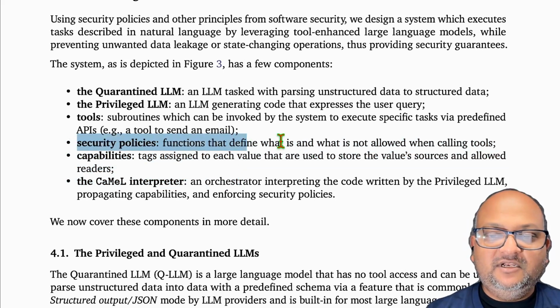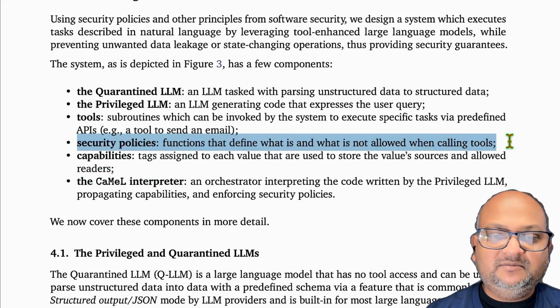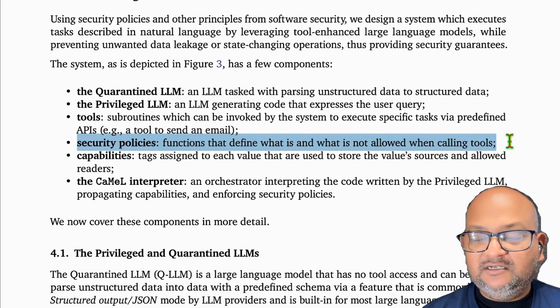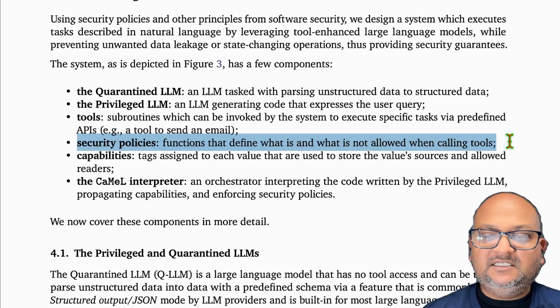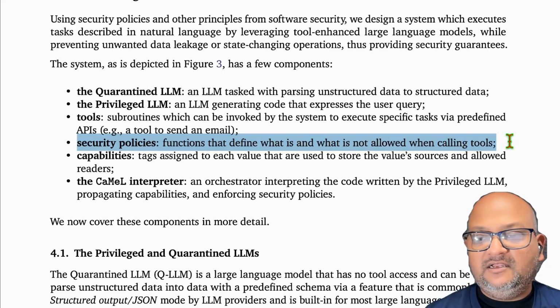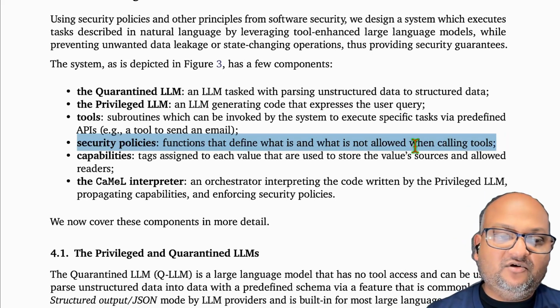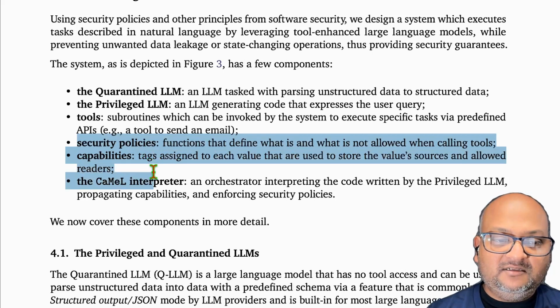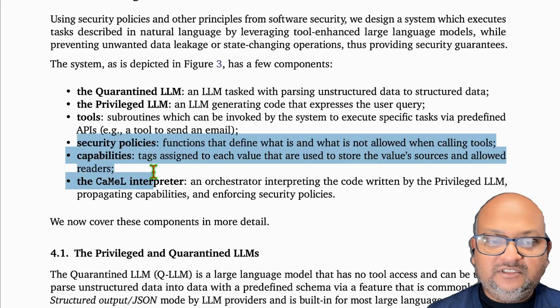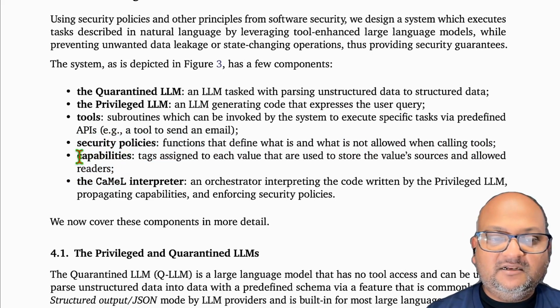Like I said, you need a place to specify your security policies. The policy is basically saying how and when you call tools. The other part that enables you to actually enforce these security policies are capabilities.